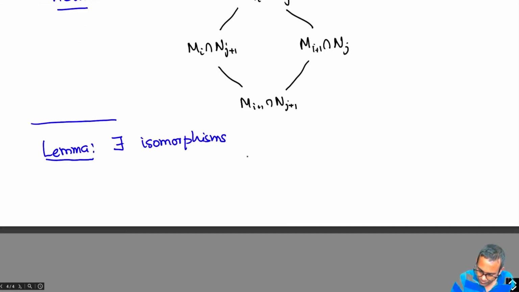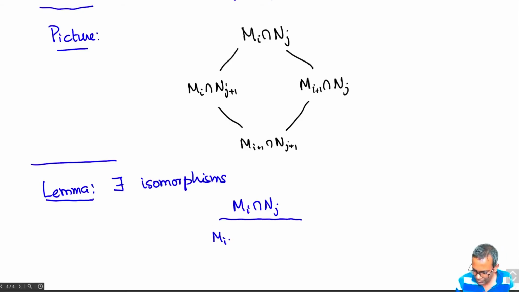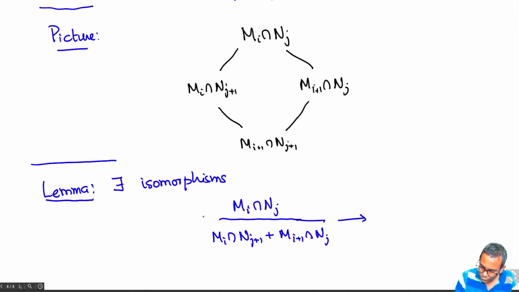So we have mi intersection nj, modulo everything that's below it, which means I must take mi intersect nj plus 1 plus mi plus 1 intersect nj. This quotient is isomorphic to both the q1ij and q2ij.